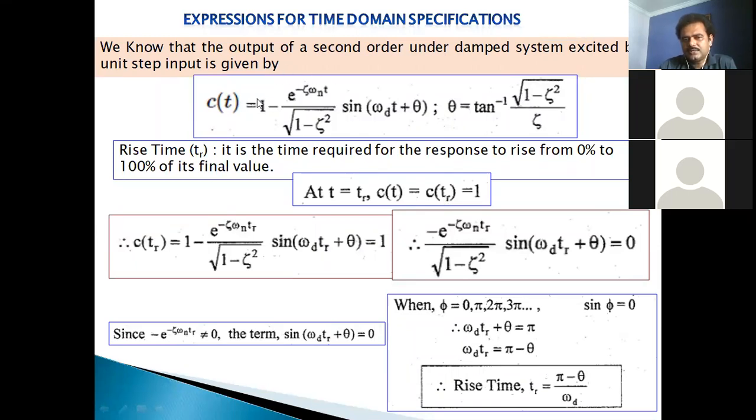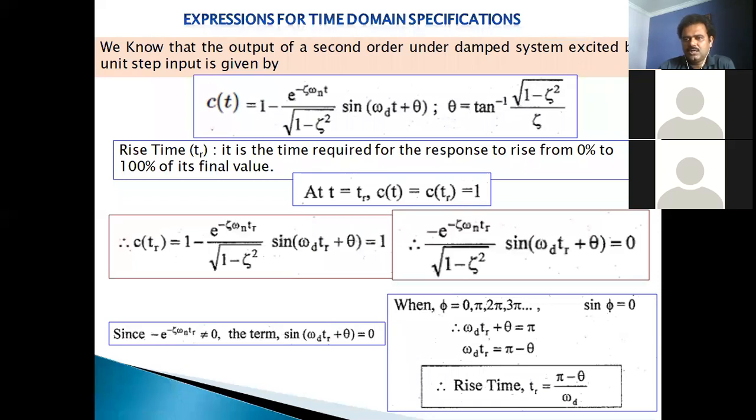So equate this response: when t equals TR, if we substitute, this entire term becomes unit value. From the definition, rise time is the time required to reach 100% of its final value. The final value is the unit value because it is a unit step response.